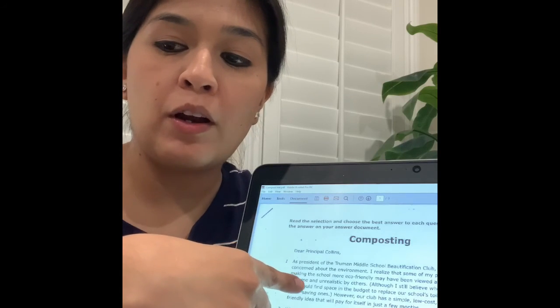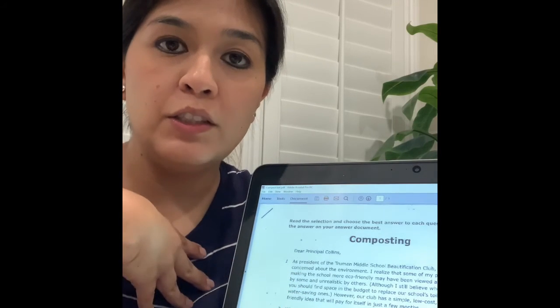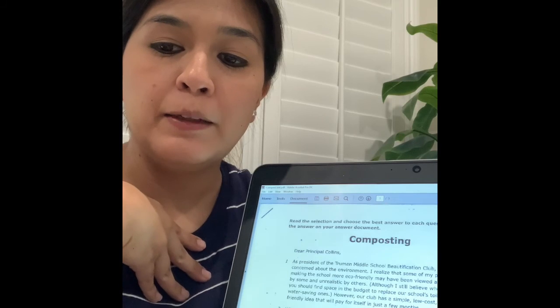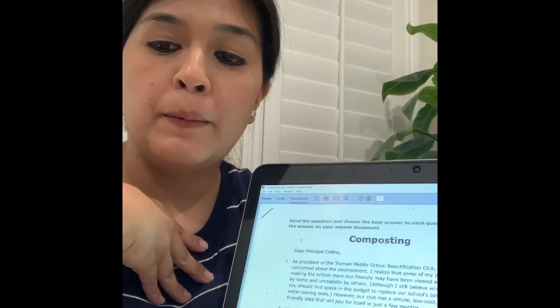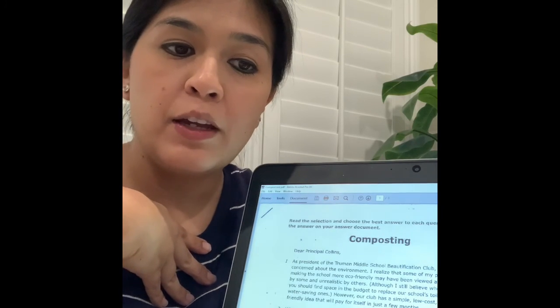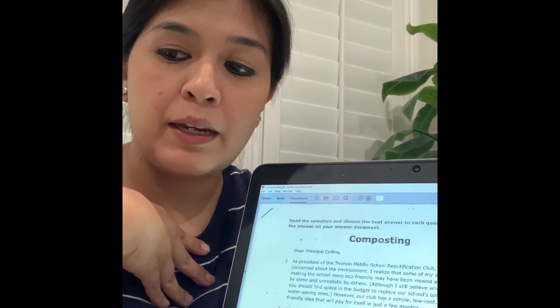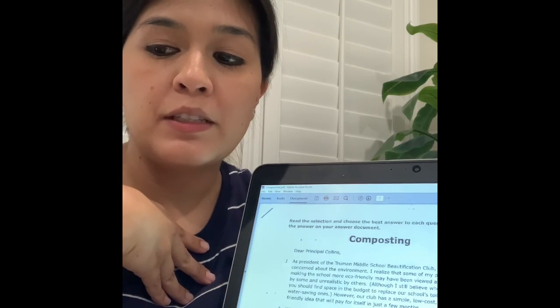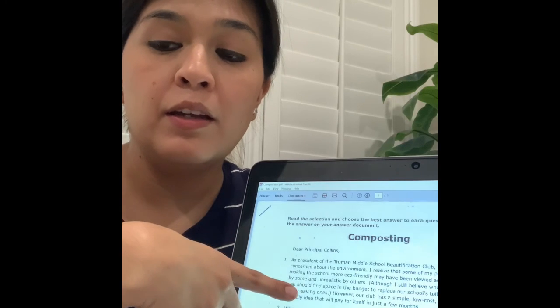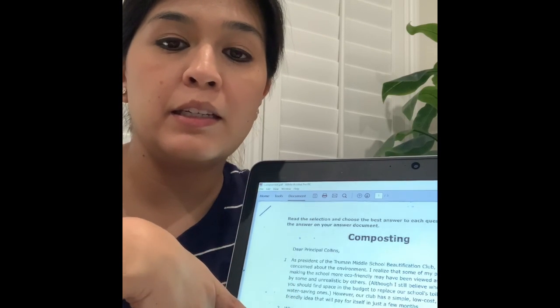On paragraphs 2 and 3, the teacher would help recite the main idea. On paragraphs 4 and 5, the partners would recite the main ideas. And on paragraphs 6 and 7, the students would recite the main ideas on their own.